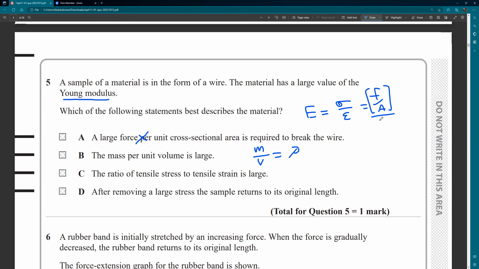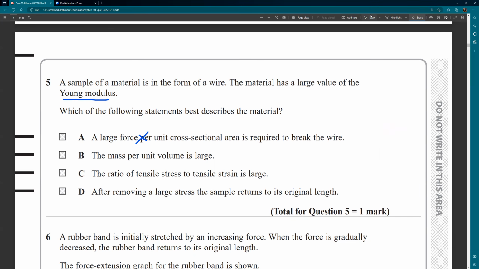So force over area over stress over strain, which is extension over length. Nothing here has anything to do with the mass of the wire. So it can't be option B.